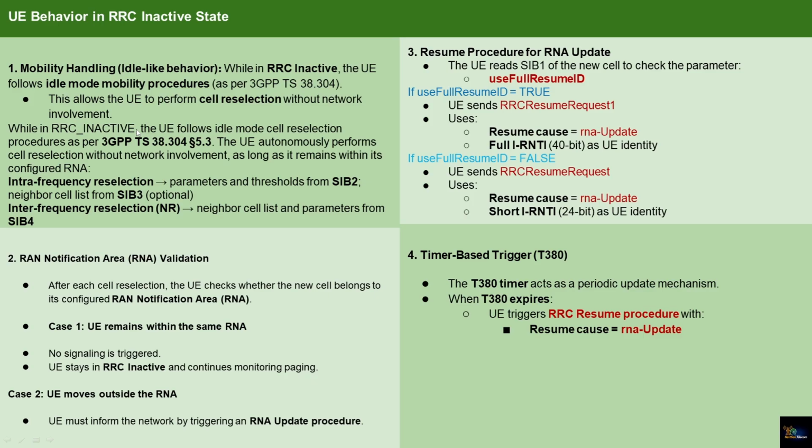If you move outside the RNA, the RNA update procedure is required, and for this you have to send the resume request, which carries a resume cause and a full or short RNTI. In the resume cause we have to send RNA update as the cause.